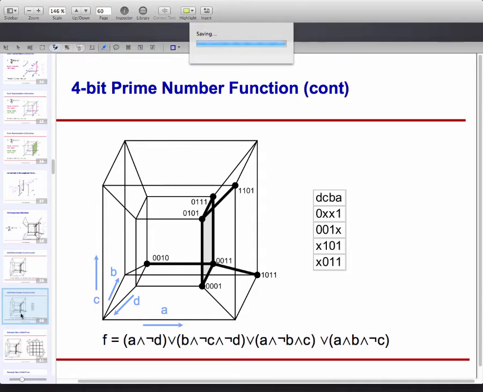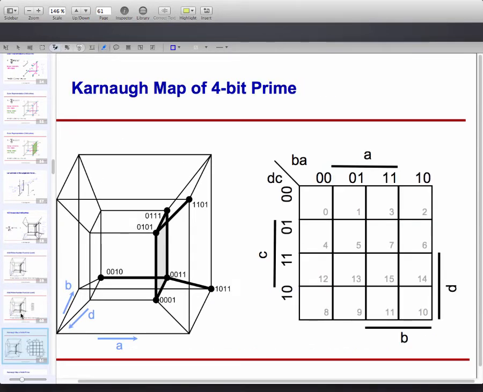So what has happened, as I was mentioning earlier, is that people in digital design develop a stylized way of taking these 4-dimensional and even 5 or 6-dimensional things and putting them down as matrices and arrays, which are arguably easier to deal with from a human perspective. So what we do is we take our 4-dimensional cube, which has 16 vertices, and we represent it as this 4 by 4 table.